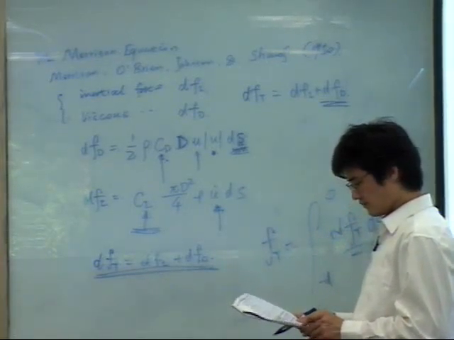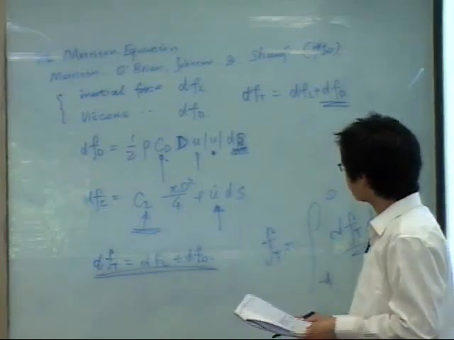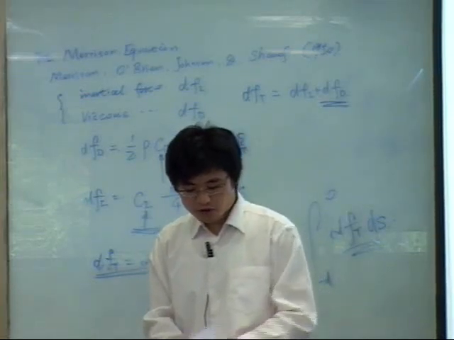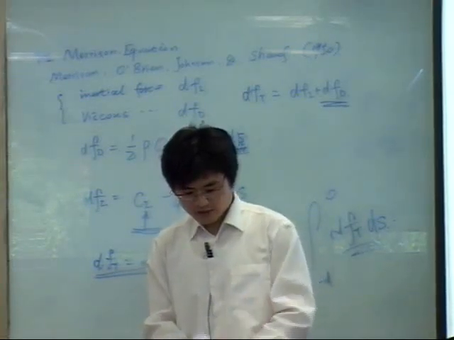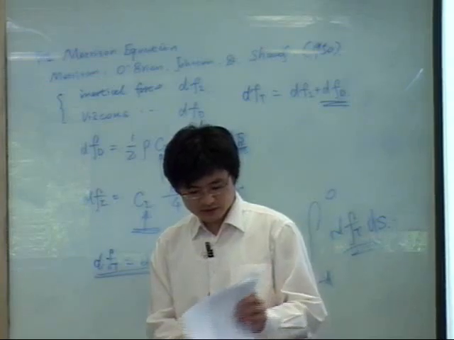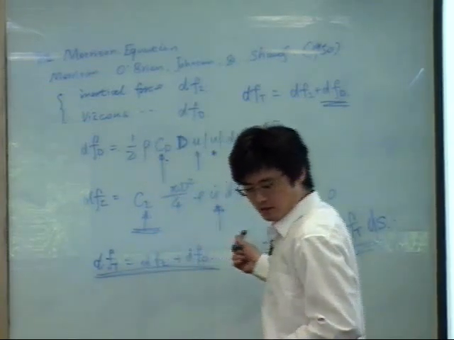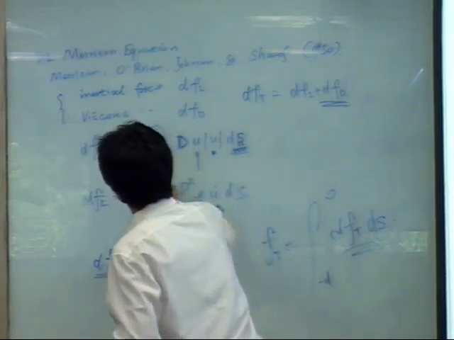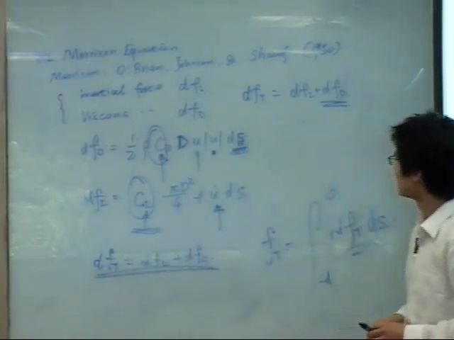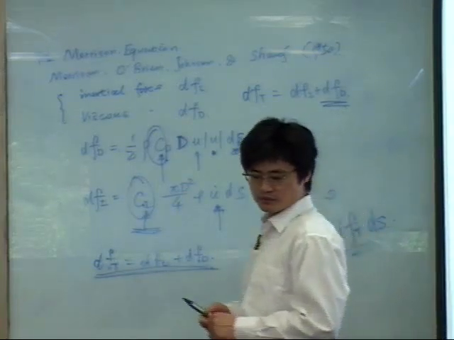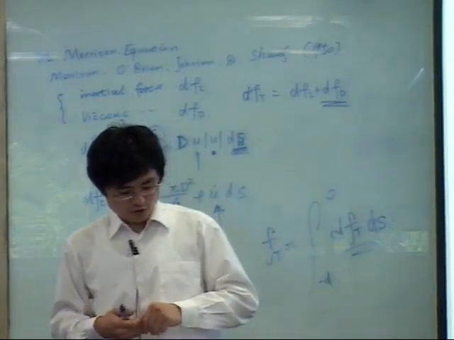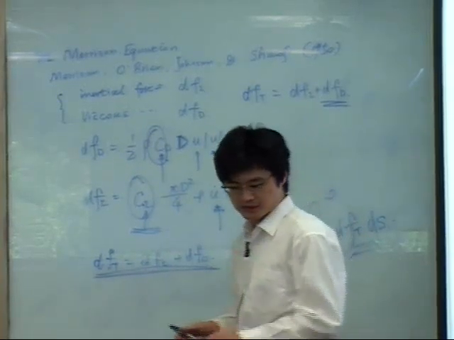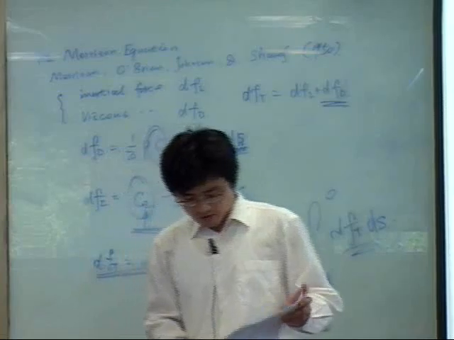So this is the Morrison equation. Next time we're going to discuss a little bit: how do we look up the coefficients in the Morrison equation, and also the drawbacks and limitations of applying this equation. Okay.